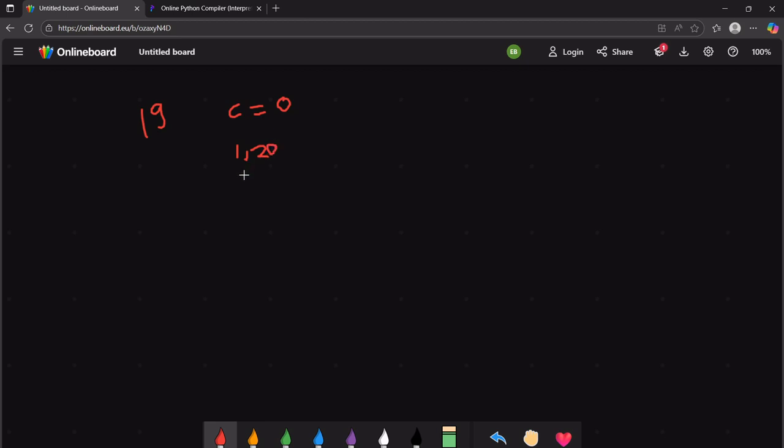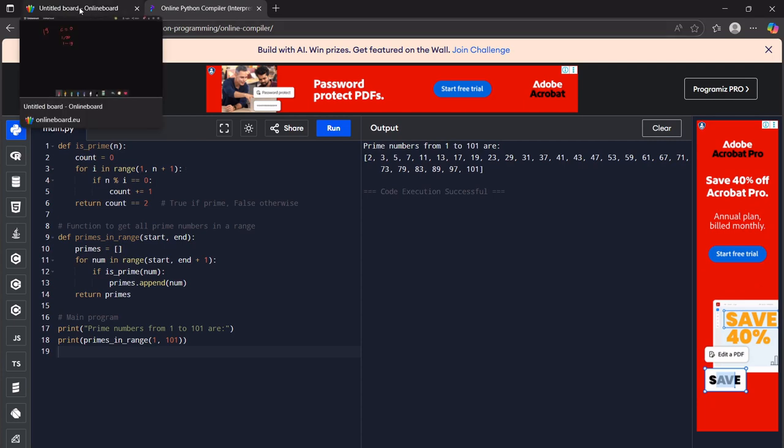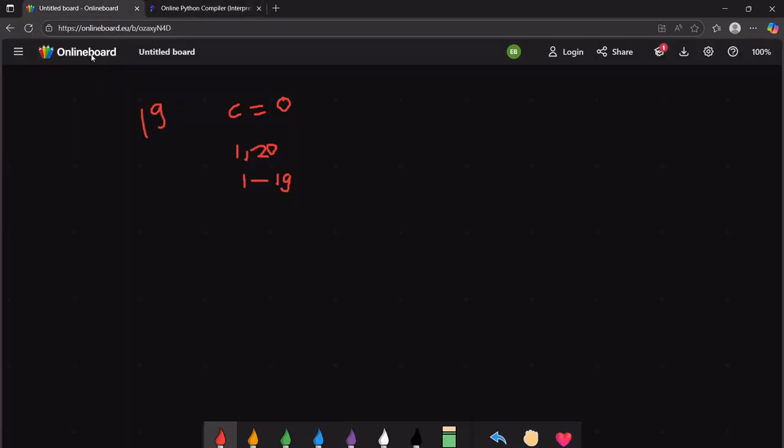So our values will be from 1 to 19. Now we have to check whether 19 is divisible by all these values: 1, 19 by 2, 19 by 3.